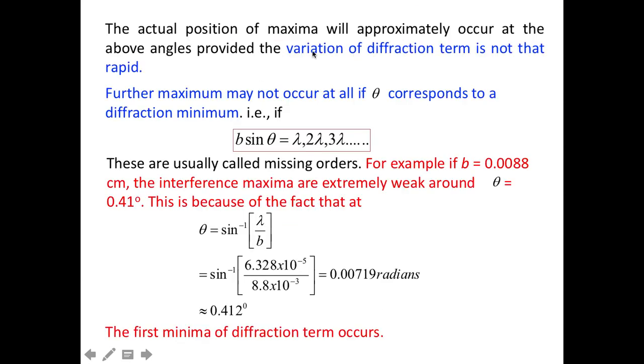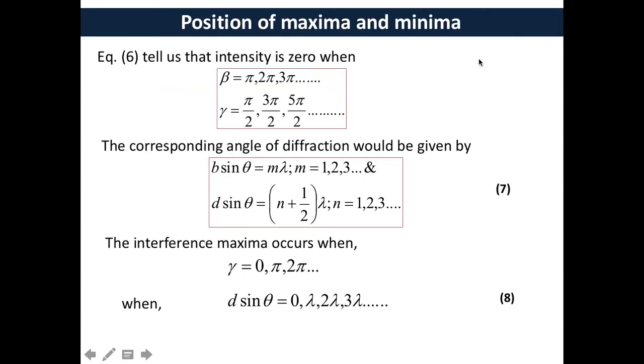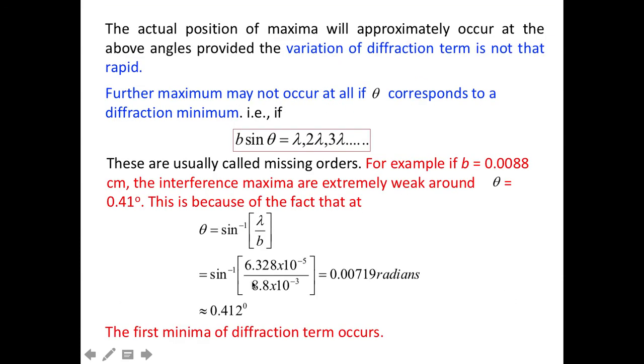Okay, the actual position of the maxima will approximately occur at the above angles, provided the variation of the diffraction term is not so rapid. Further, the maximum may not occur at all if theta corresponds to a diffraction minimum.